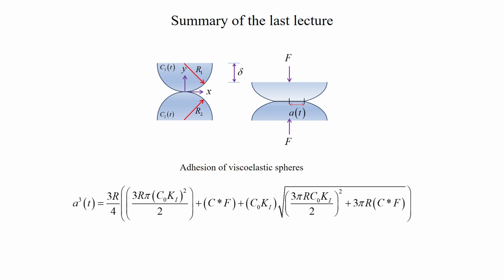The load may be varying with respect to time, or you have applied a step load, and as a result of the relaxation, the creep compliance, that is C, varies with respect to time, and the contact width or contact radius A also varies with respect to time, and it is given by this relation from which for a linear elastic material we could derive the JKR contact mechanics experiments.